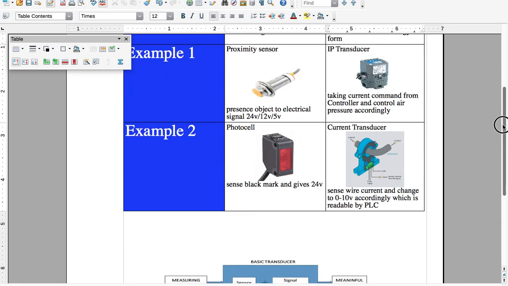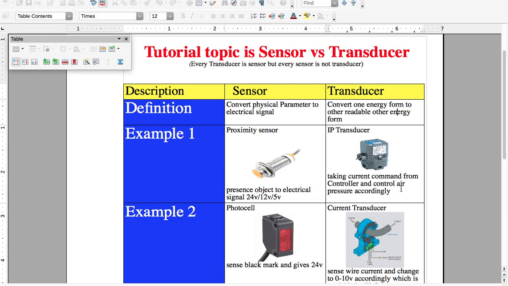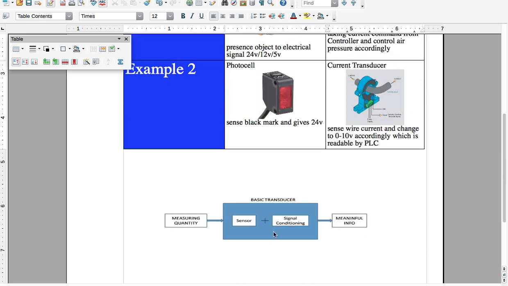So let's also explain more about the basic transducer. Measuring quantity, sensing plus signal conditioning. The main purpose of the transducer is signal conditioning.